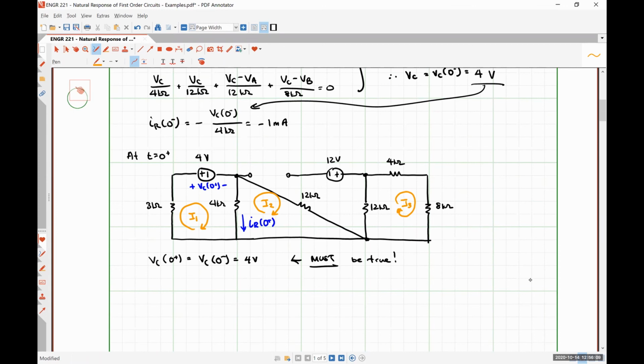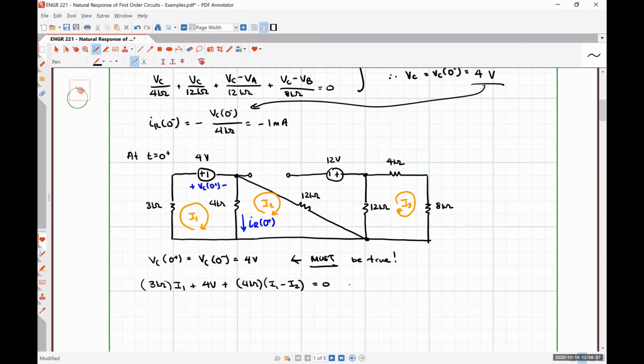So let's start by writing our KVL equation for mesh 1. We're going to have 3 kilo ohms times I1 plus 4 volts plus 4 kilo ohms times (I1 minus I2) is equal to 0.